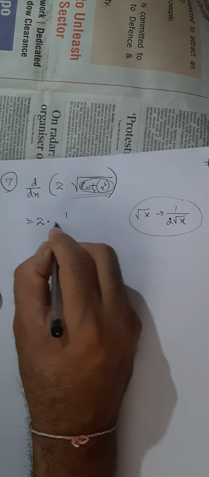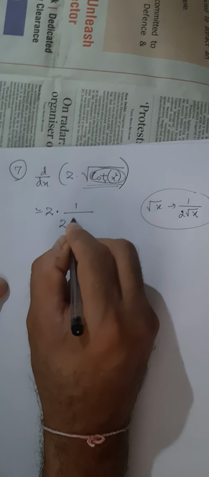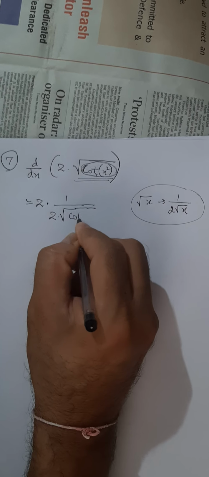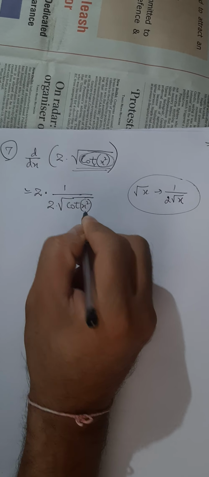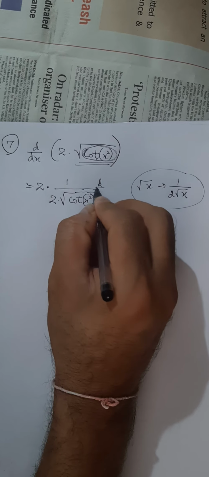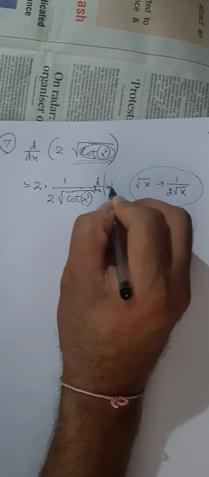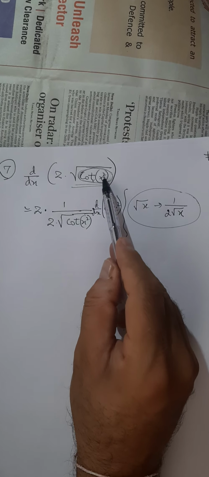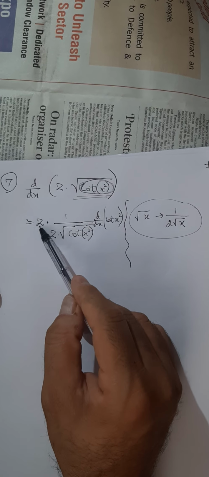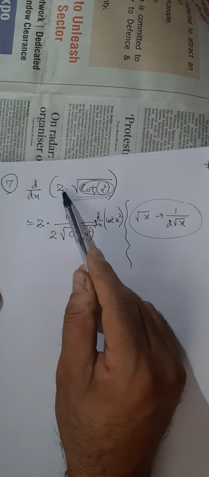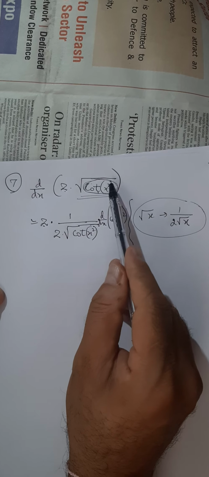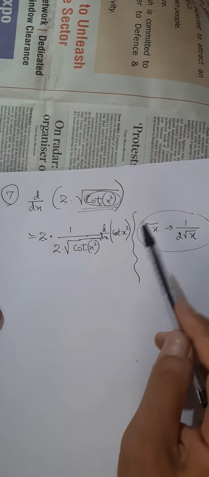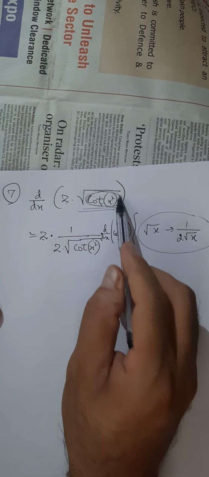So 1 upon 2 root x. X means cot of x square, remember. By chain rule, d by dx of cot of x square. You imagine this as x. 2 being constant as it is with the function. If 2 alone, then derivative is 0, but here it is with the function. What is derivative of root x? 1 upon 2 root x into derivative of this cot of this.